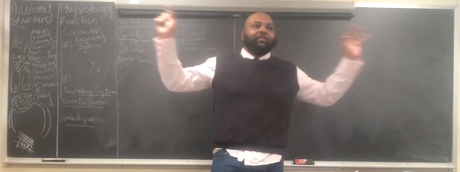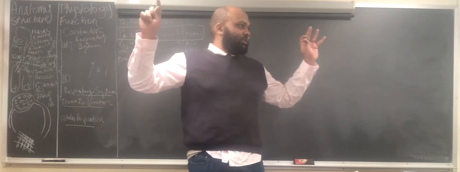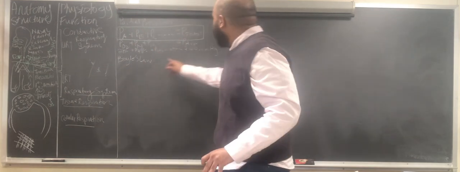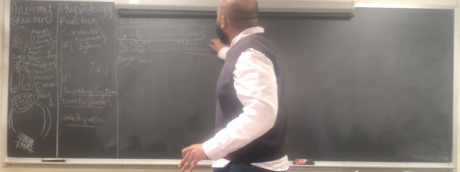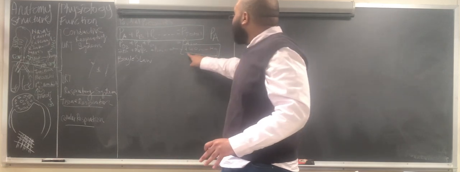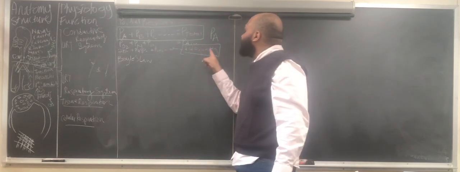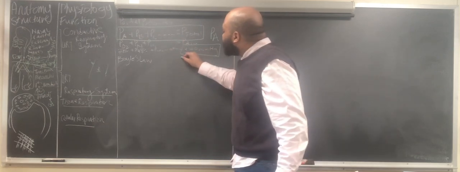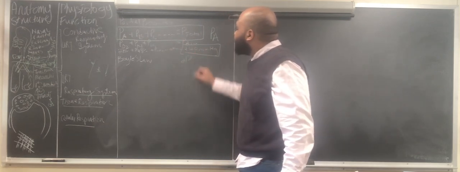So if there is air pressure, you promise that that air pressure, which is how much? 760 millimeters of mercury. That is atmospheric pressure, PA. 760 millimeters of mercury is the pressure of the air. And I know that oxygen is only 20% of the molecules in the air.